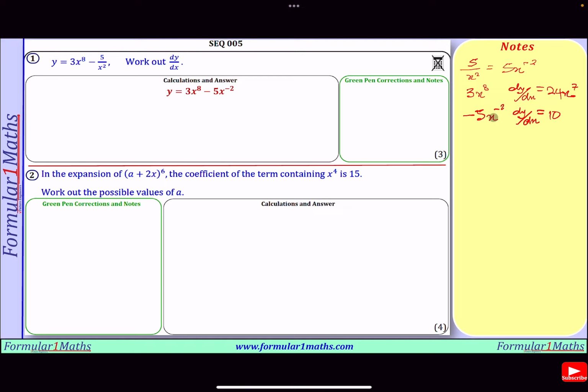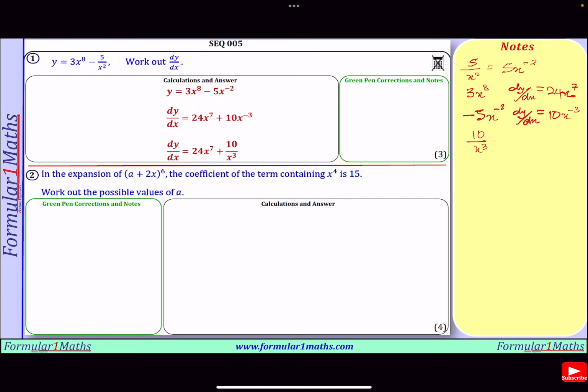Then we reduce the power of x by 1, and we get x to the power minus 3. So the whole differentiation becomes positive. This one is positive because negative 2 times negative 5 is positive. We can rewrite this as 10 over x cubed.